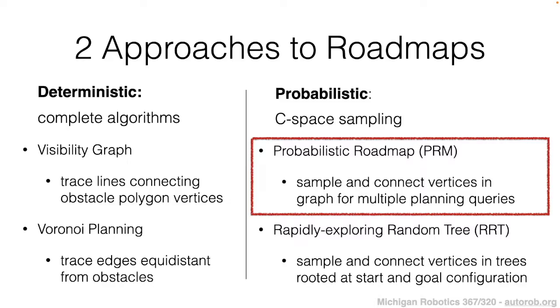But before we get to RRT, let's first look at probabilistic roadmaps, an algorithm that forms roadmaps by sampling points within configuration space and connecting them, where those sampled points are treated as vertices within a graph, such that the resulting roadmap could be used for multiple planning queries.